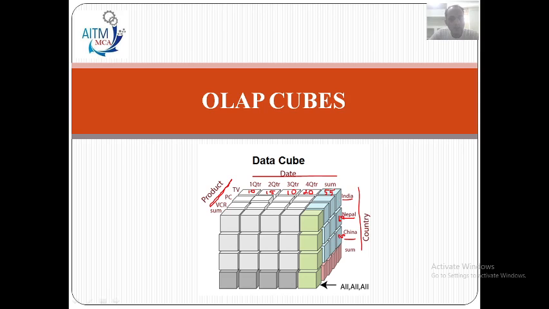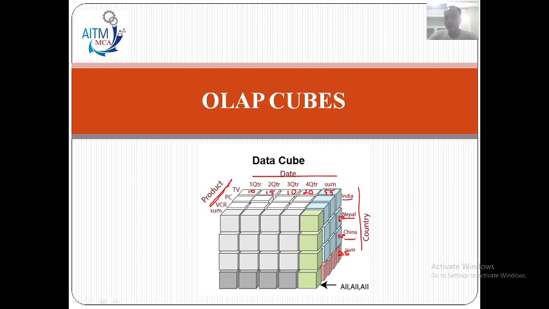So what is the total? 55 plus 60 is 115, and 100 plus 115 is 215. So 215 TVs are sold in total for all the countries in a particular year.